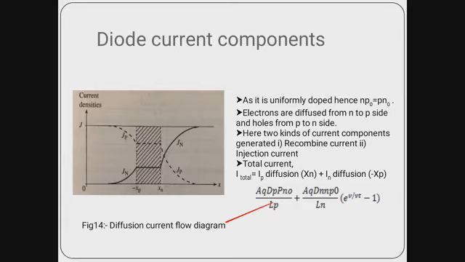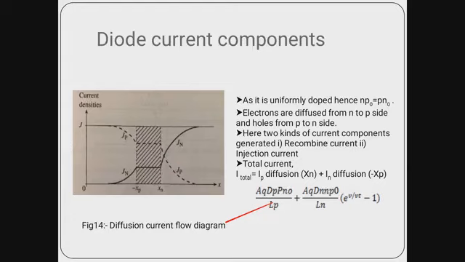So from this characteristic curve of diode current components, we have seen that there are basically two current components. One is the recombination of electron current.